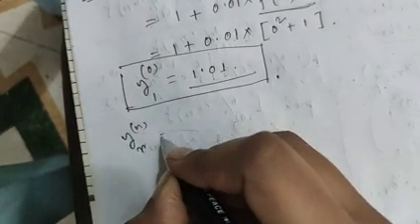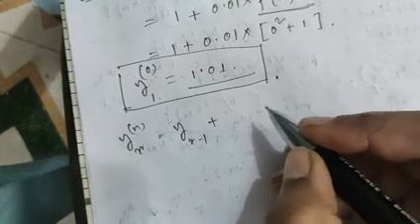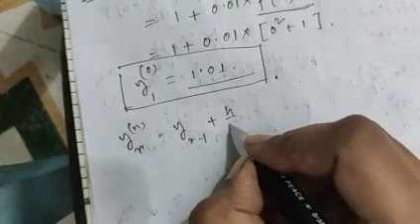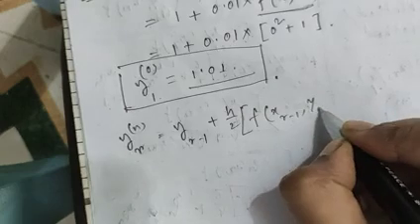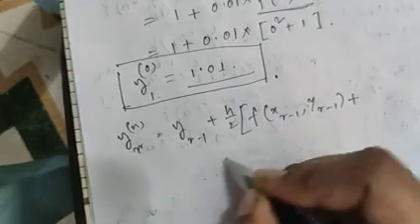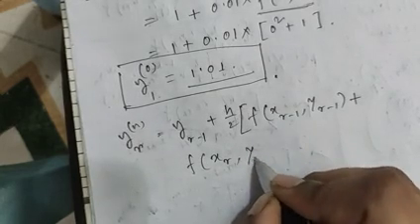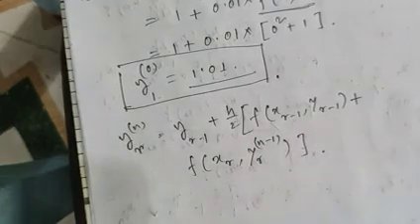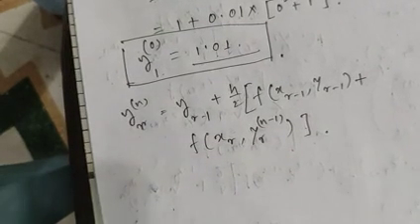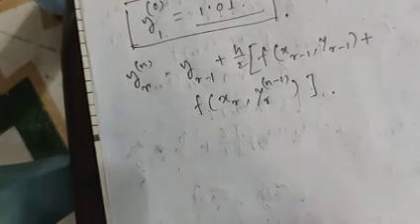Okay. Now we are applying the modified Euler's method rule, which was y_r^(n) equals y_(r-1) plus h/2 into [f(x_(r-1), y_(r-1)) plus f(x_r, y_r^(n-1))]. Okay. So starting by putting the values, at first r equals 1 and n equals 1.